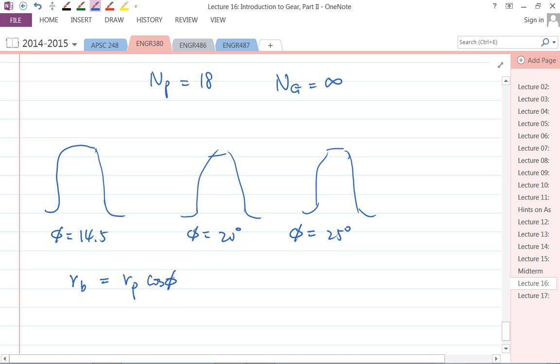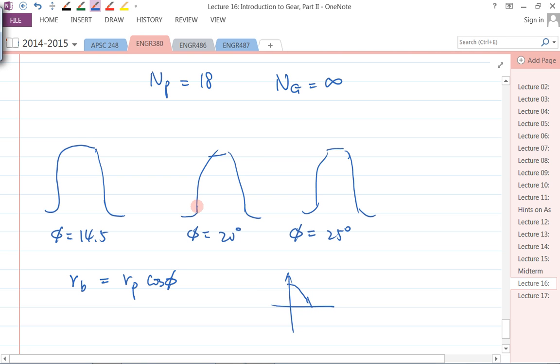Would that be decreasing or increasing? When phi is increasing, what's cosine phi? This is between 0 and 90 degrees, so cosine is decreasing. So in other words, the base circle radius is decreasing.